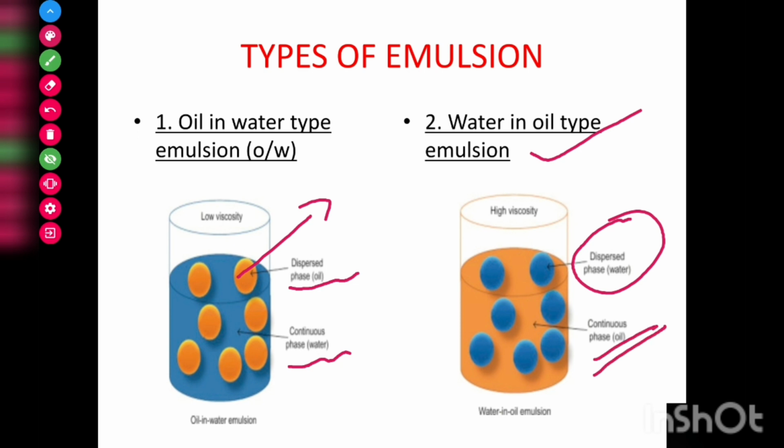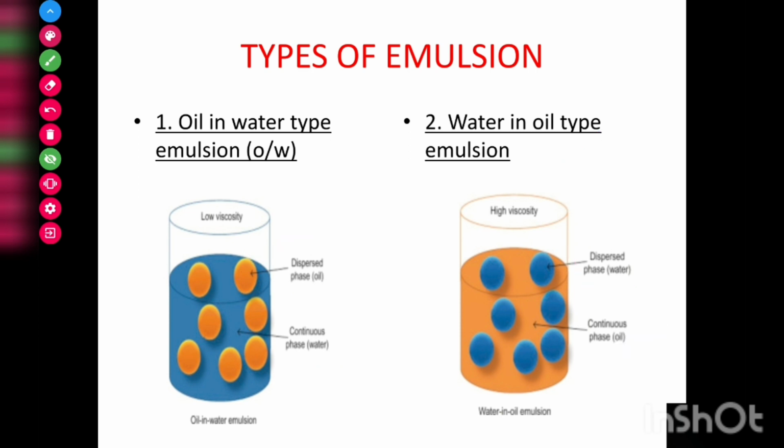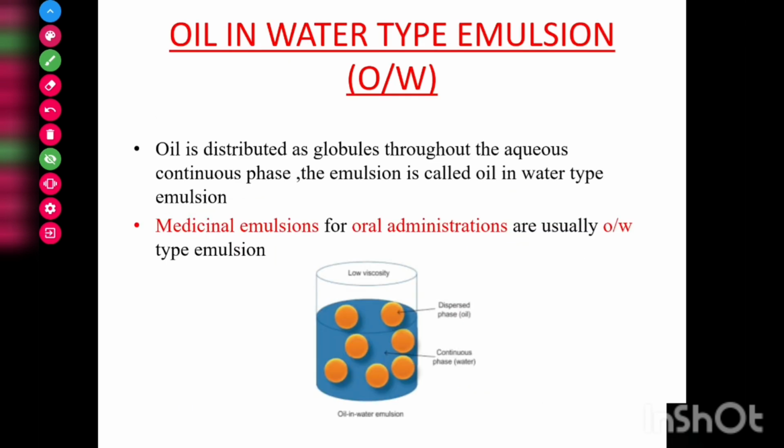So there are two different types of emulsion, based on the nature of the dispersed phase: one is oil in water type and the other is water in oil type emulsion. And coming to oil in water type emulsion, as we all know, here oil is distributed as globules throughout the aqueous continuous phase.